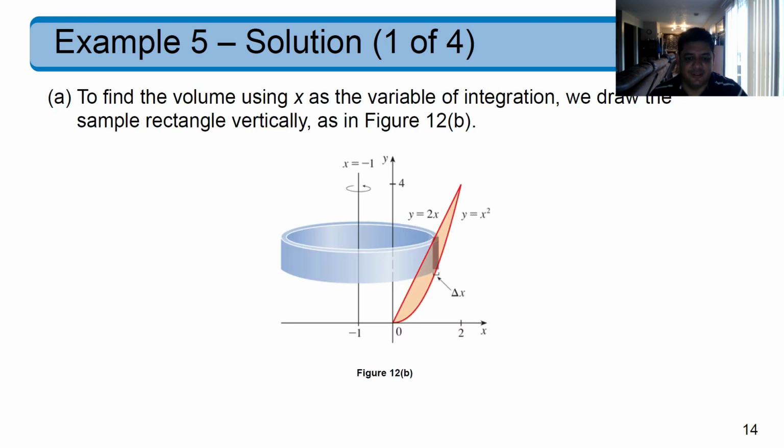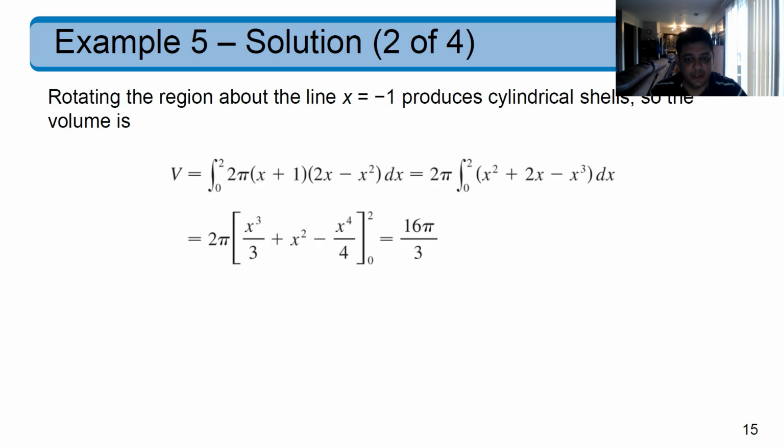Now f of x here is given by the difference between two functions. It's not going to be one function anymore, but we have the area enclosed between two functions, so we take the function on the top minus the function on the bottom, like in any of the areas. And so we have 2x minus x squared, and that's what we have over here.